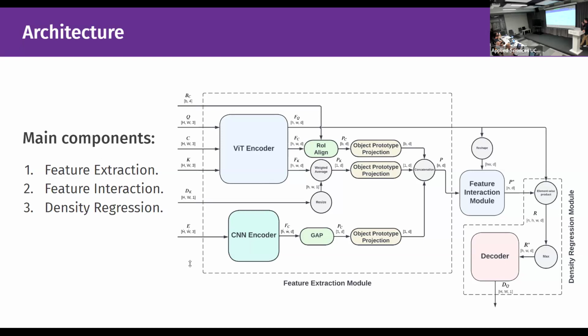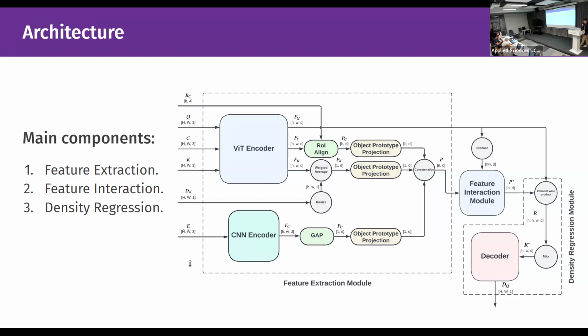These vector embeddings, along with the query image features, are passed to the feature interaction module, which is designed to enrich them. The refined prototypes are depth-wise correlated with the query image features, producing a response map, which is finally transformed and upscaled to the density map. And the object count is just the sum of this density map.